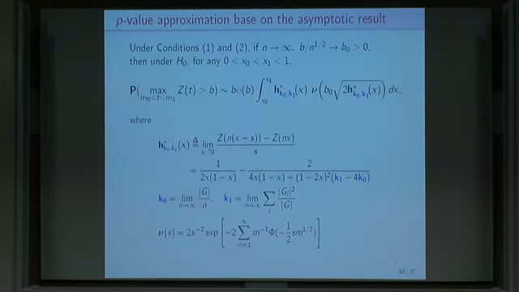Under these conditions, we can express the probability by this analytic form. The main term here is b phi(b). Also, b needs to be of order square root of n so that we can go through every step. Phi(b) is just the density of the standard normal.